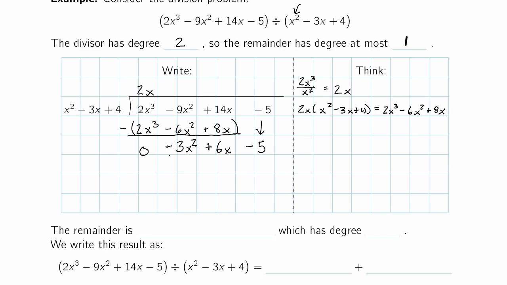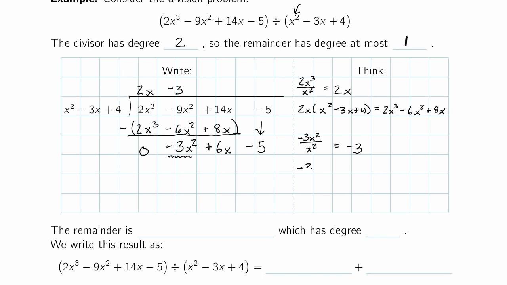Divide. My first term now is negative 3x squared. Negative 3x squared divided by x squared, that's easy, that's negative 3. The next term in our quotient is negative 3.